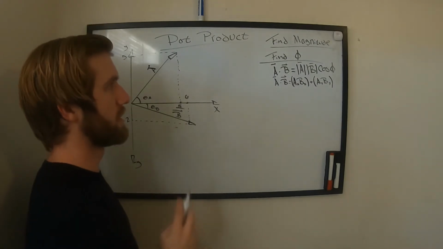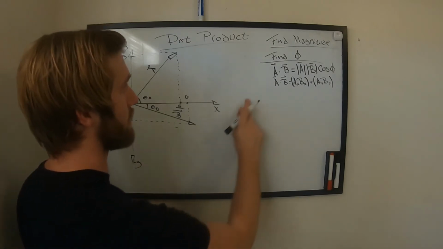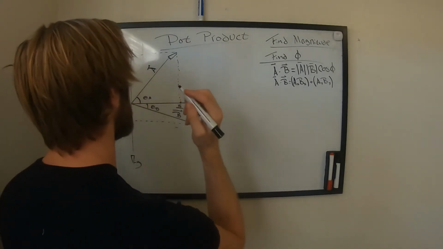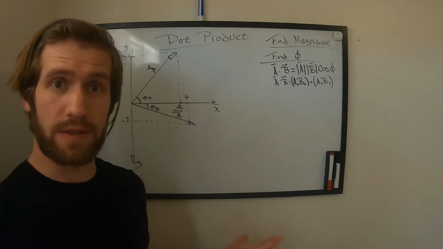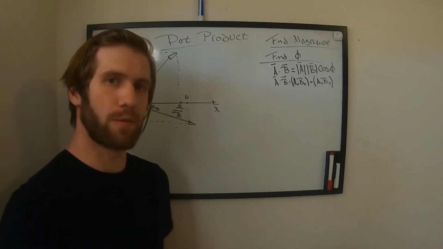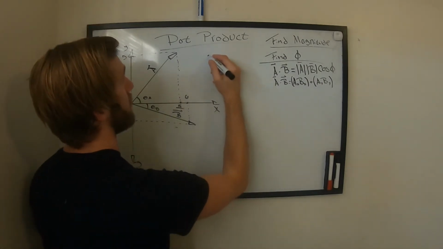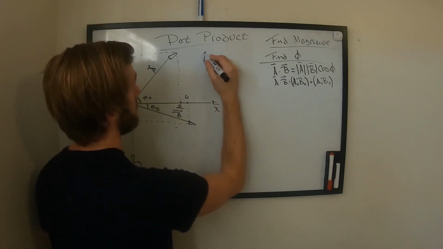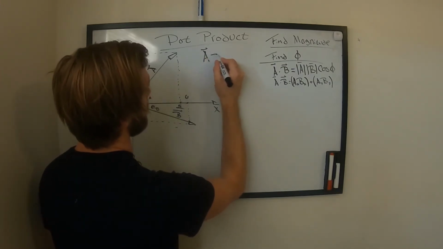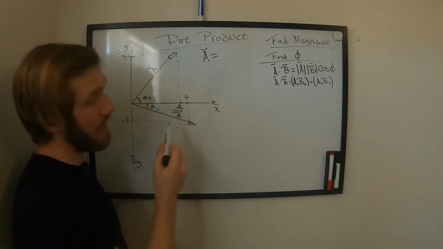So first, and the quickest method for this scenario in order to find the dot product here, is to break down our components, which should always be your first step when you're doing any vector multiplication. So let's start by taking our x components for A. So vector A, our x value, if you can see here, there's a value of 5.